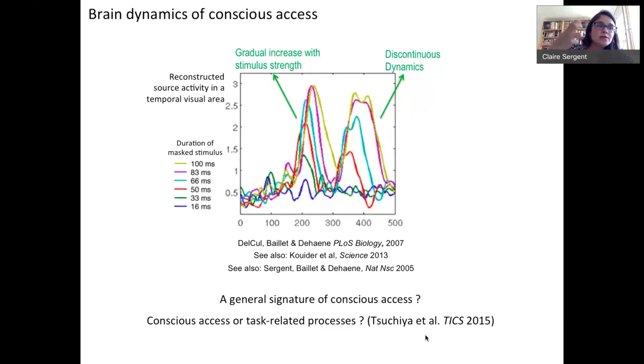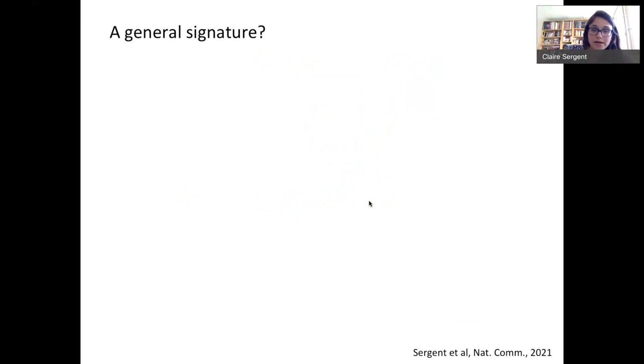So maybe the neural correlates of conscious access that we see contain a confound, which is actually a consequence of conscious access: when you become conscious of a stimulus, you're also able to do the task, report the stimulus, make some introspection. Maybe these late activations are simply introspection. So we needed to address all these things, and that's what directed the design of our next experiment.